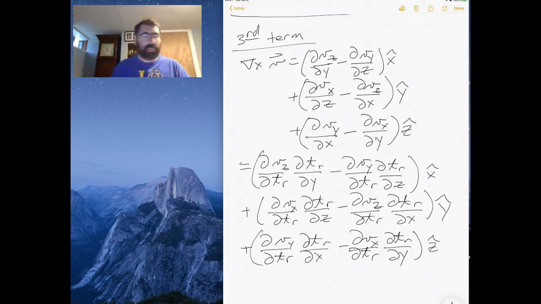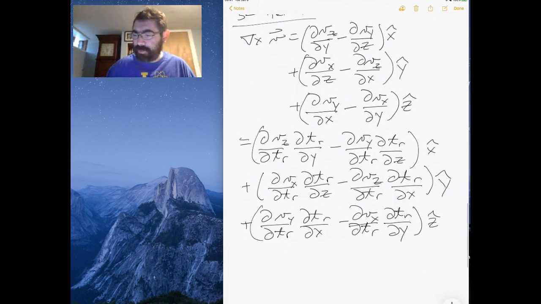Okay, so in the end, what is that? Well, all the dv/dt's are components of the acceleration. So what we really have is the acceleration crossed into the gradient of the time. So this is now equal to minus a crossed into the gradient of the time.